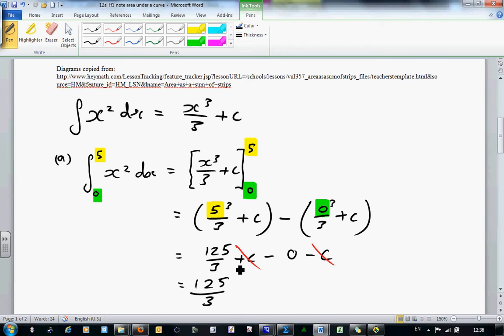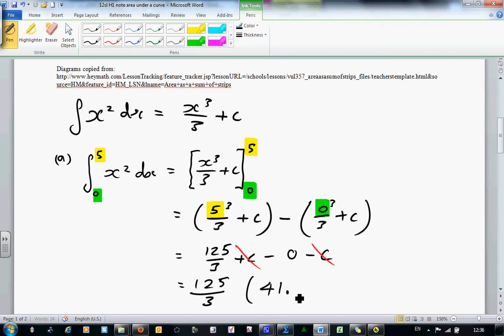Often we just leave it as a number without any units. And comparing that to the values on the Illuminations website that we were looking at, it's 41 and 2/3, which is that.